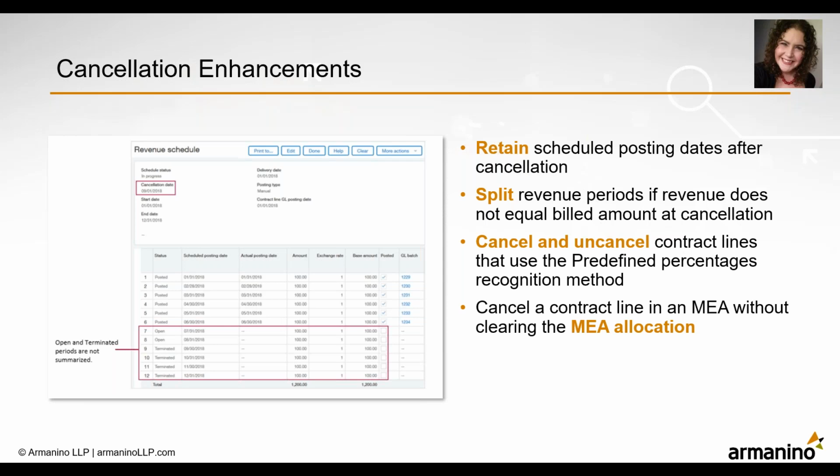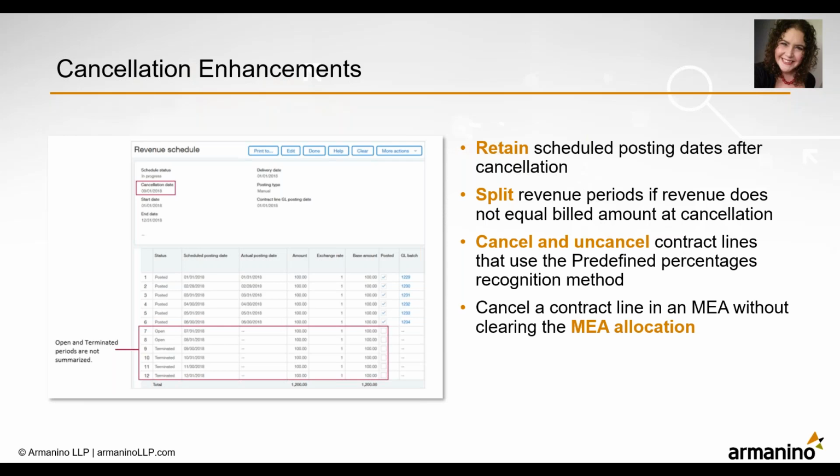So what happened was, if you subsequently uncanceled the contract line, the system didn't recreate the revenue schedule that existed prior to the cancellation. So now, since these things are not going to be deleted, they're just going to be marked terminated, you have the option to come in and change that back to open. And that way you won't have to regenerate that entire revenue schedule.